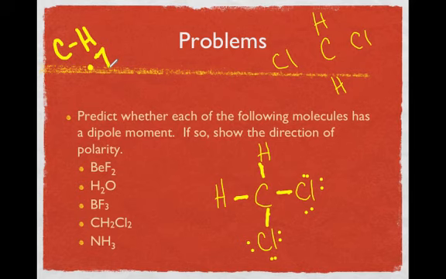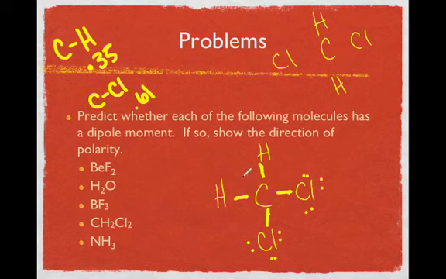Can someone have a calculator instead of just guessing? 0.35. Okay. Carbon and chlorine has what difference? So they are both polar covalent bonds, correct?